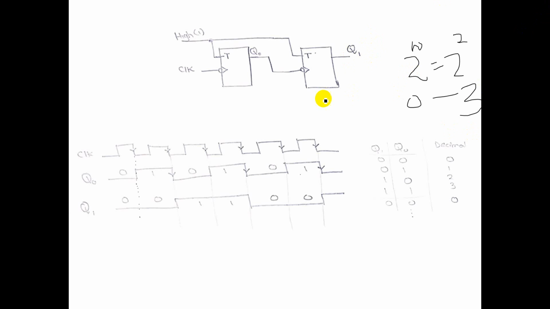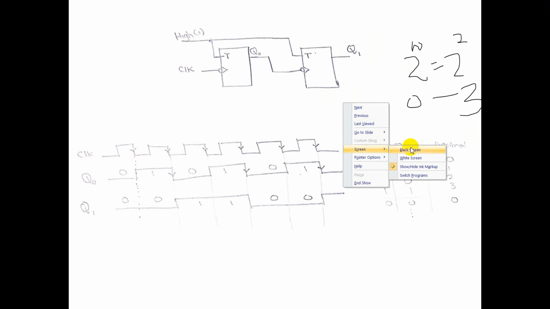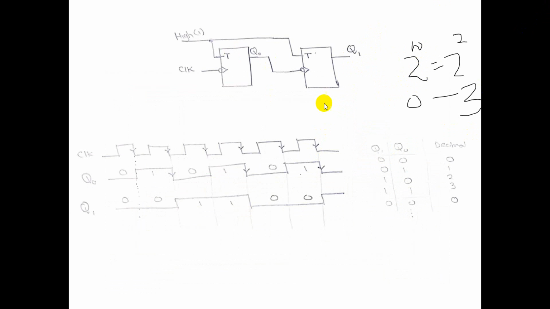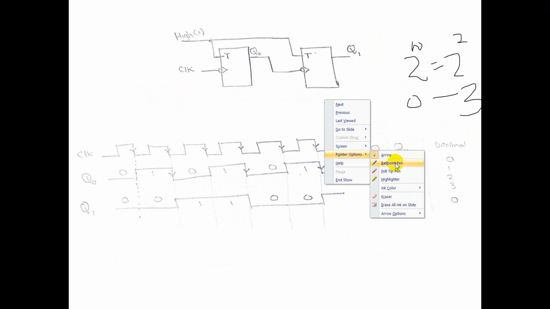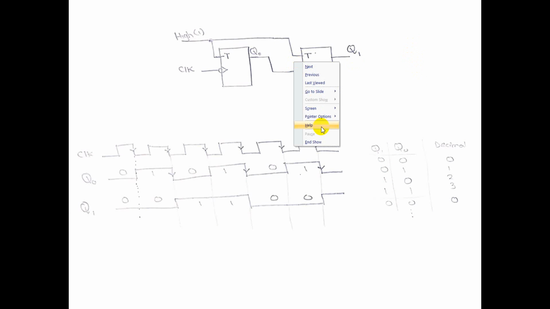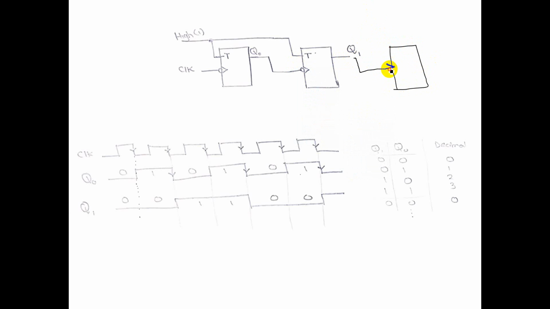If I have another flip-flop, for example, here, what will happen? This is the clock input here, again at the negative edge of the clock, and this is again high here.